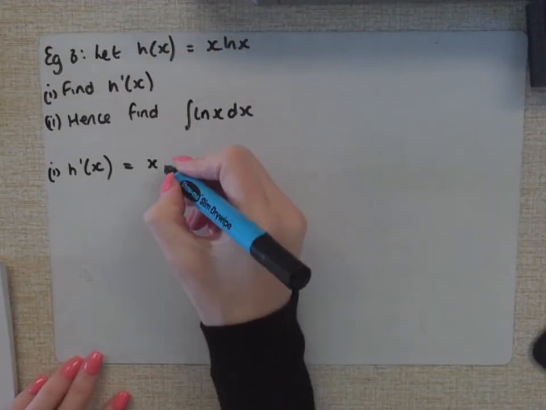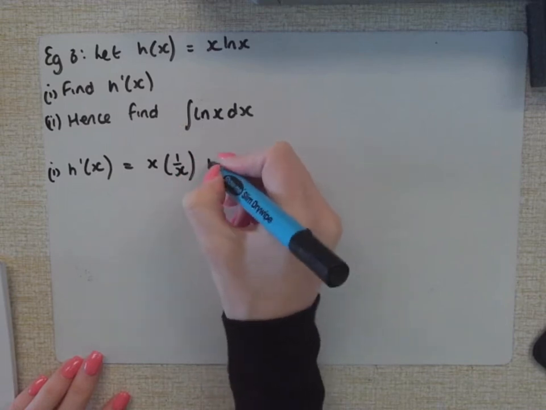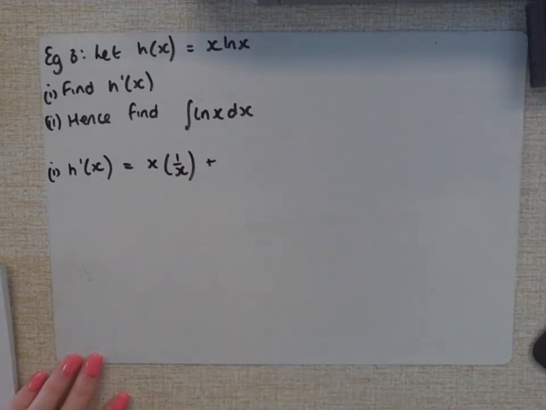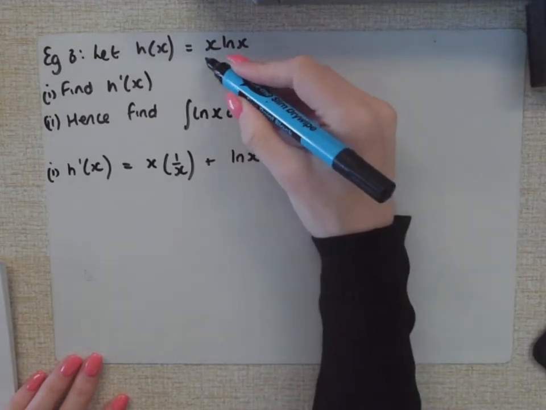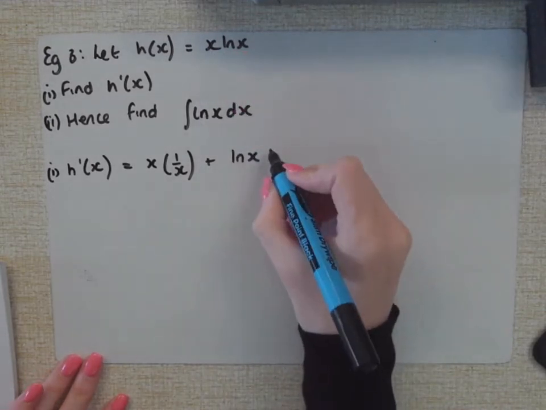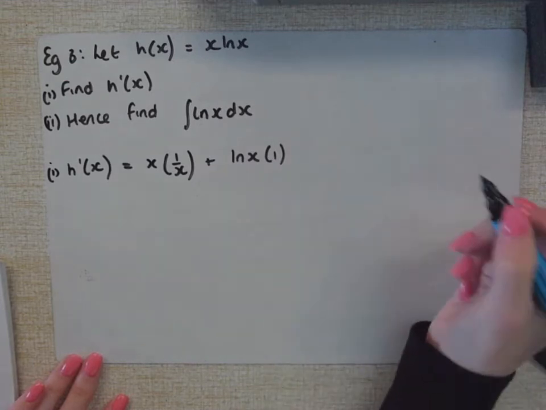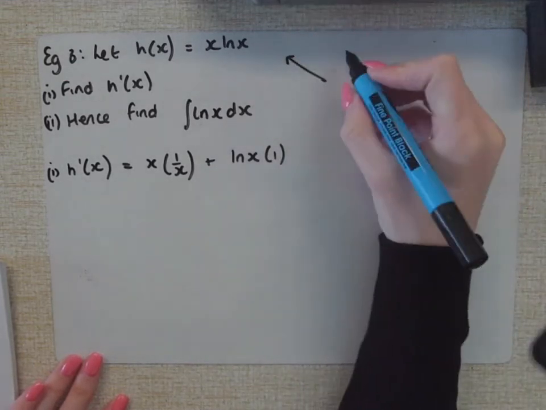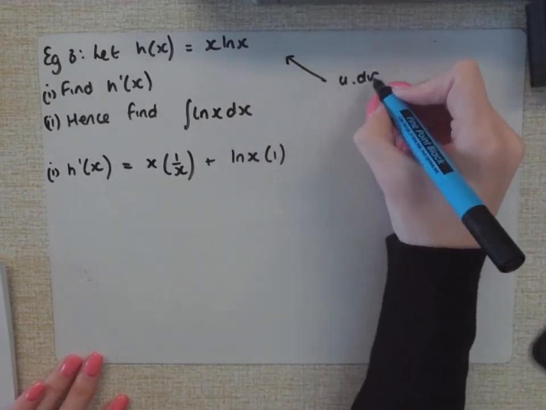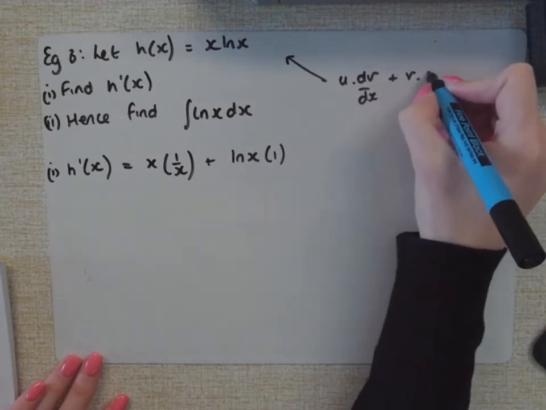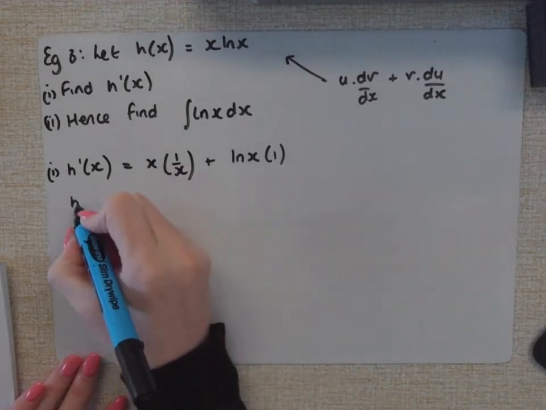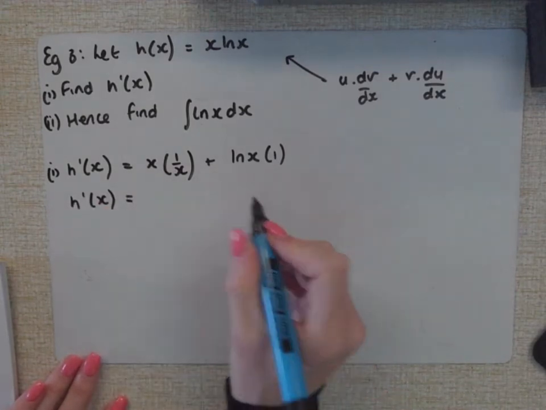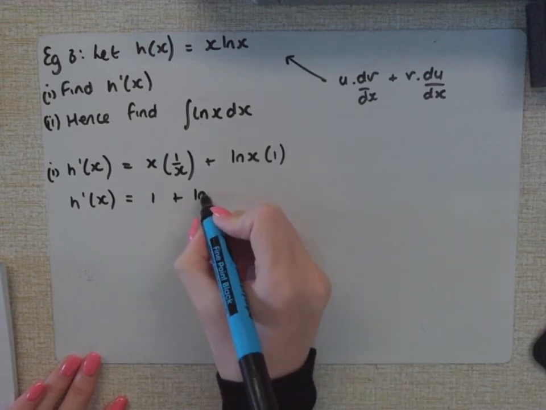So it's u times dv dx plus v times du dx. Differentiate the x? 1. Okay, so just note to yourself, that's what's happening there. So the derivative of that is 1 plus ln x.